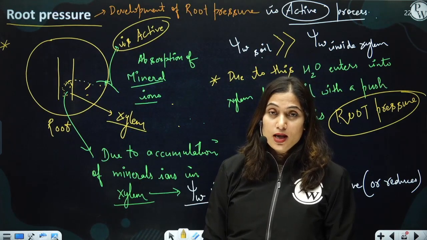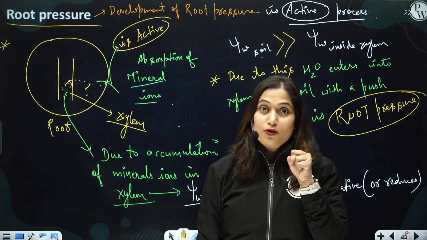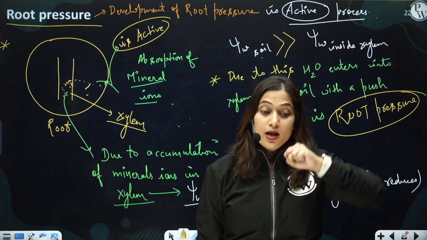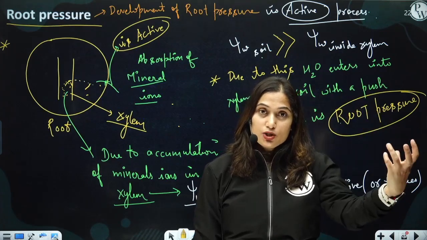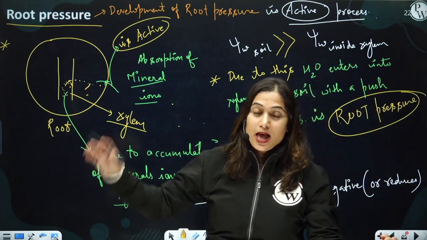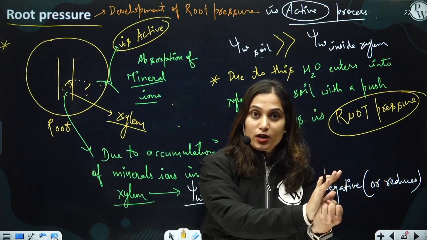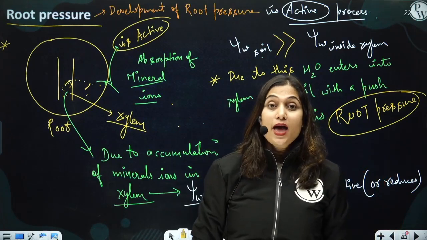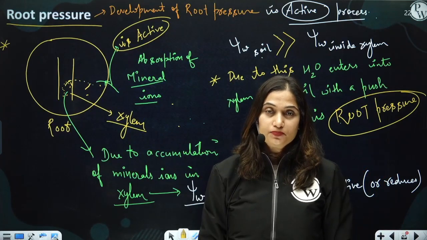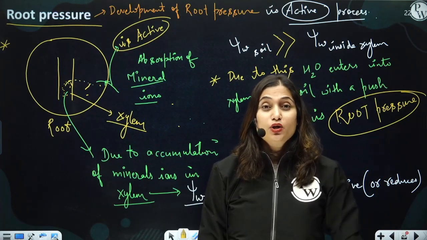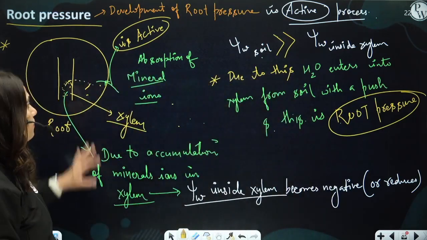So first of all, the root will take the mineral ions from the soil. For that, it will expend energy. Then these mineral ions will be accumulated in the xylem. The water potential of the xylem will get reduced, and the water from the soil will fill up into the xylem with the pressure, that is root pressure. So to develop root pressure, the root had to absorb the mineral ions, and that is active in nature. So development of root pressure is active. Okay, it's active. This is important.